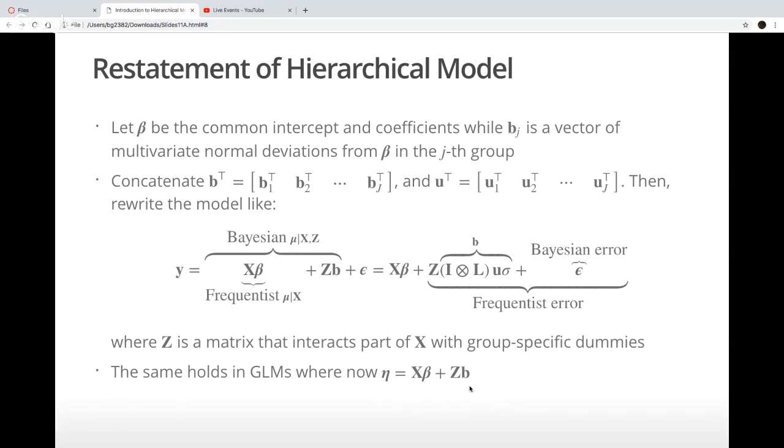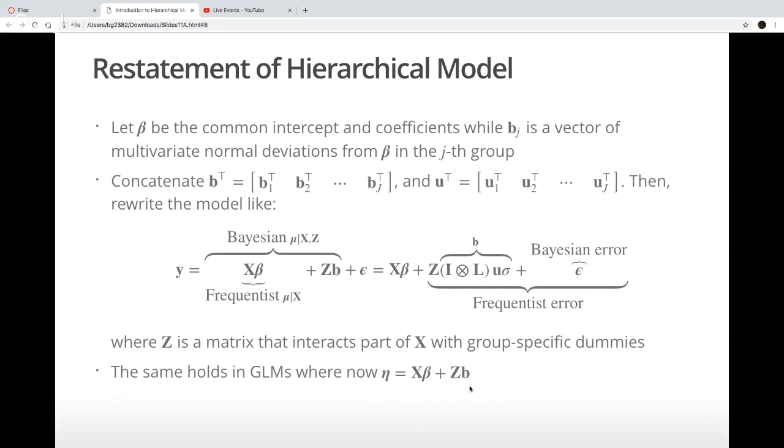And then we have another vector, B, but B is subscripted by J. Capital J is the number of groups in our data set. And so the B sub J parameters are the deviations from the common coefficients for group J, which could be Manhattan County or XYZ school district, whatever. So a deviation from the next level up, the common coefficients.